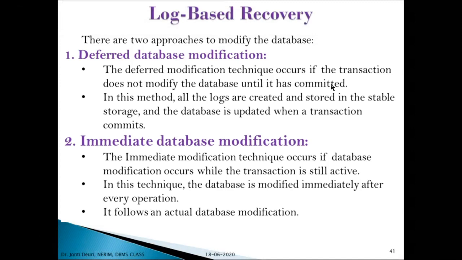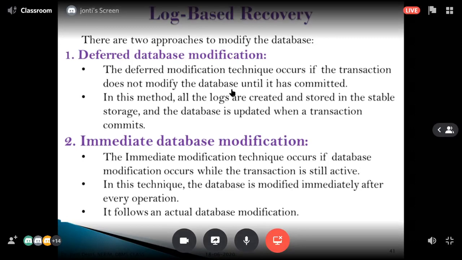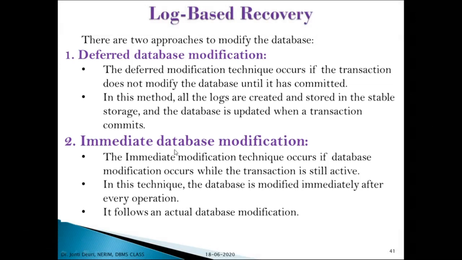But in the immediate case, when you write one statement, the update on your database shows immediately. But in this case, many problems sometimes happen in immediate database modification. Generally, people mainly use the deferred database modification, in computer science, right?